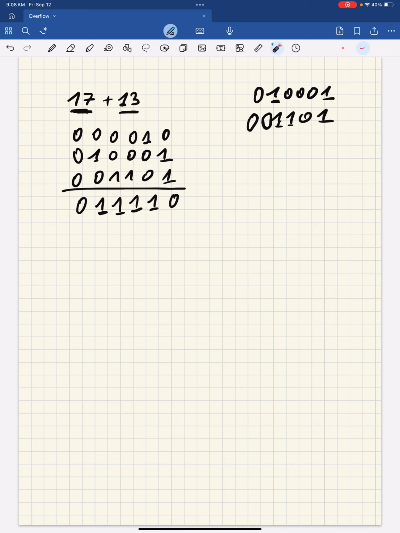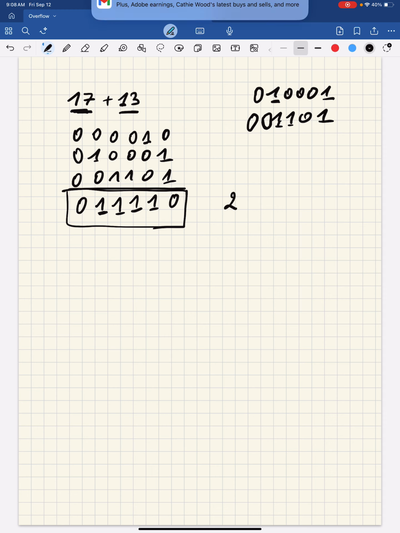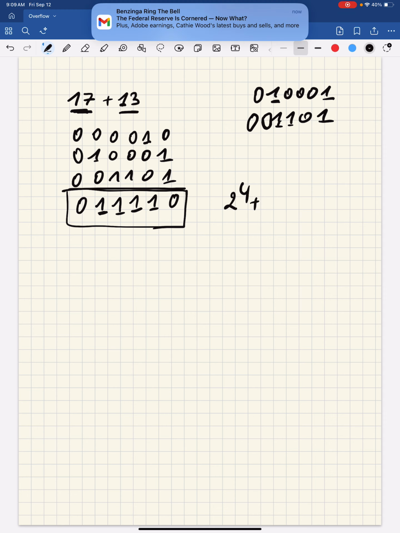Now, the result is correct, and our result is this value here. This value corresponds to what? This value corresponds to 2 to the 4 plus 2 to the 3 plus 2 to the 2 plus 2.